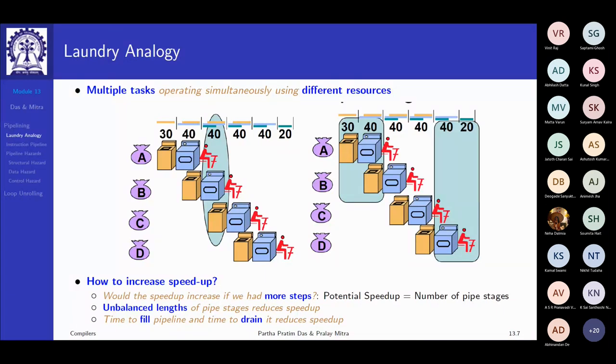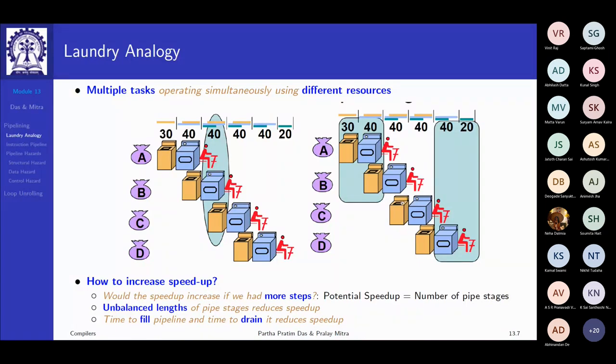And also, on the left, when all these three machines are being used, then you can say that the pipeline is actually full. So before that, you have a stage where you are filling up the pipeline, and towards the end, you have a time where you are draining out the pipeline.